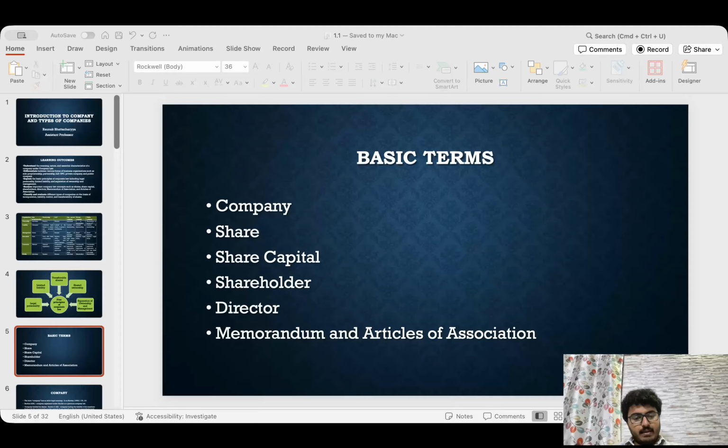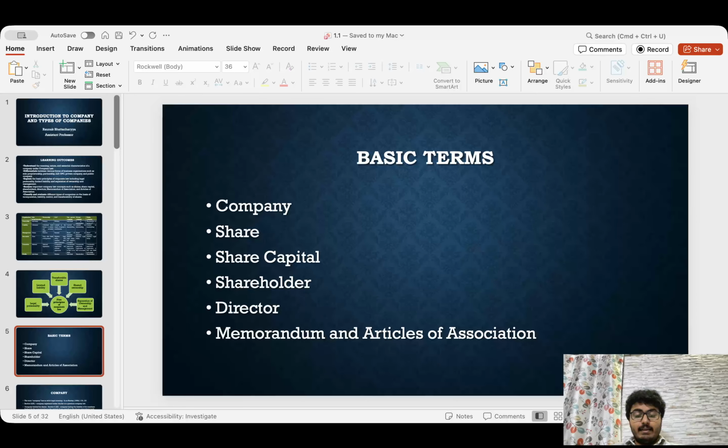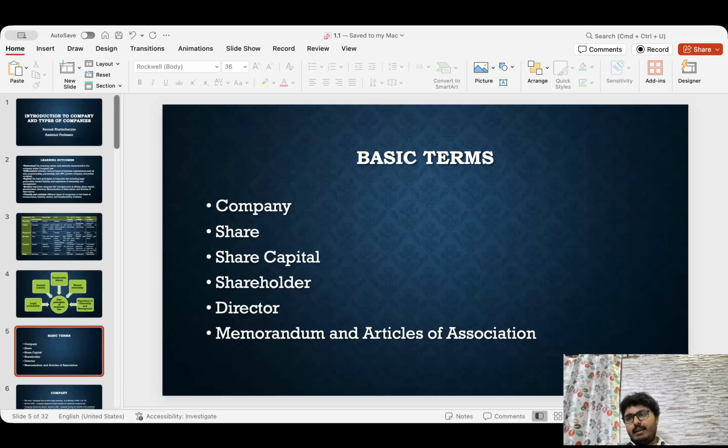So the company means a company is an artificial legal person that is created by law. Law means the Companies Act 2013. Before 2013, the Companies Act was introduced in 1956, and today we all follow the Act of 2013 and the later amendments, that is 2017, 2019 and so on.